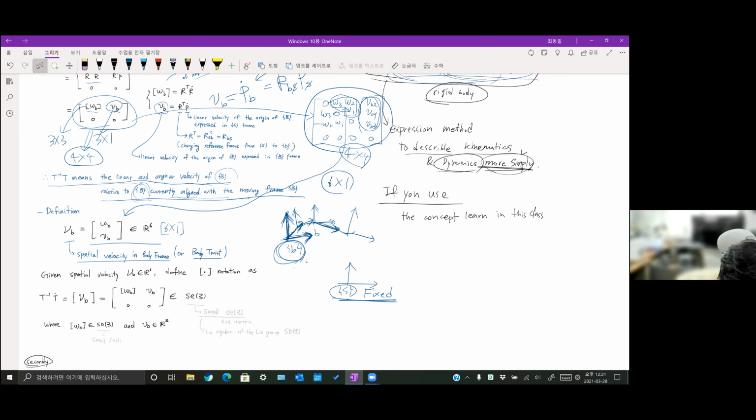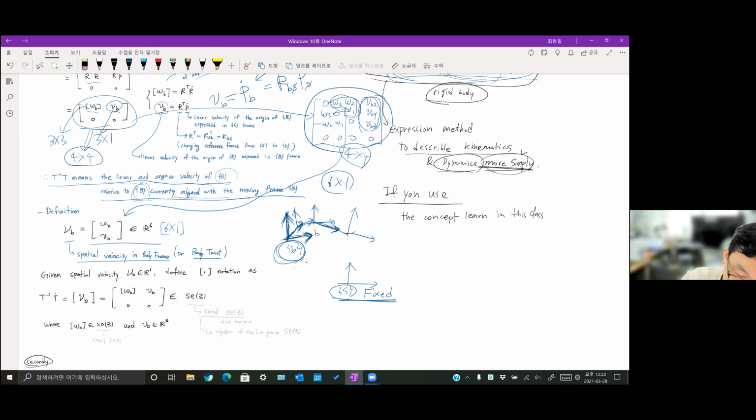So this nu b, this one is nu equal nu b. So we define this nu b as body twist.